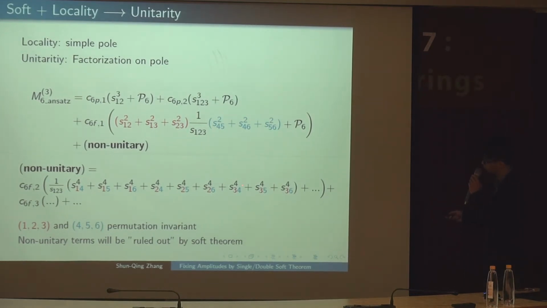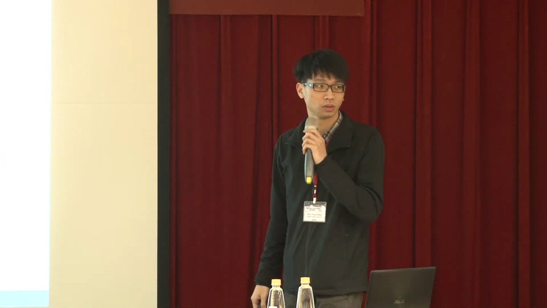It satisfies the same power counting of order S^4, but it is obviously not the product of two four-point amplitudes. But after you put in this ansatz and impose the soft theorem, you'll find this coefficient is automatically set to 0. So this non-unitary term cannot survive; it cannot be compatible with the soft theorem. Maybe what you mean is a subset of the theories.